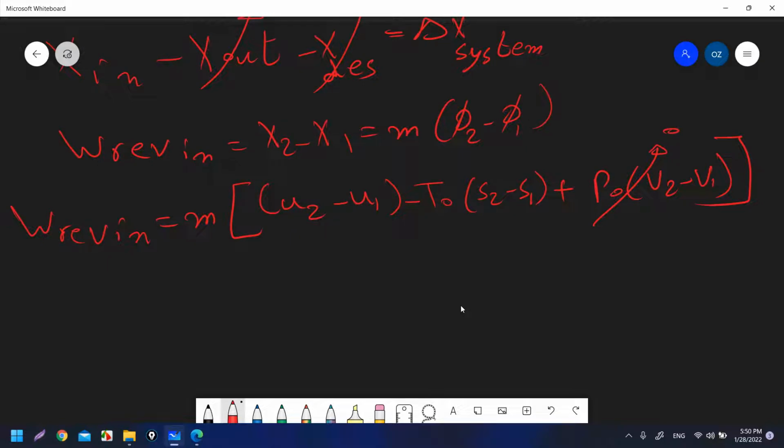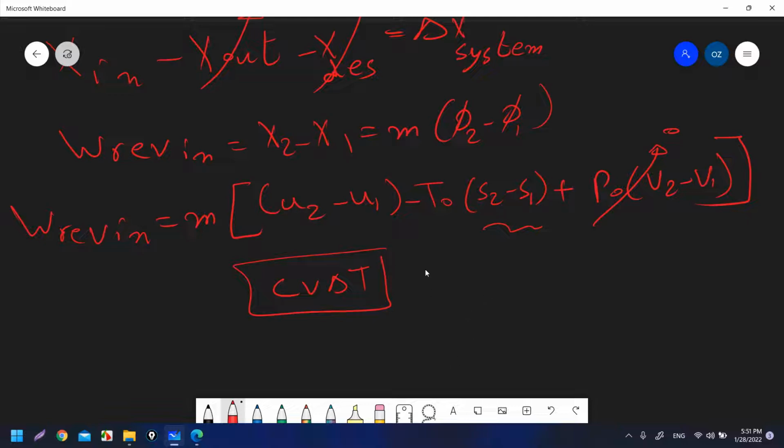So I have to find s2 minus s1, and I have to find u2 minus u1. I can already find it as Cv delta T, and we already found it, but it was multiplied by mass. Here we will write it again. So the remaining unknown is s2 minus s1.